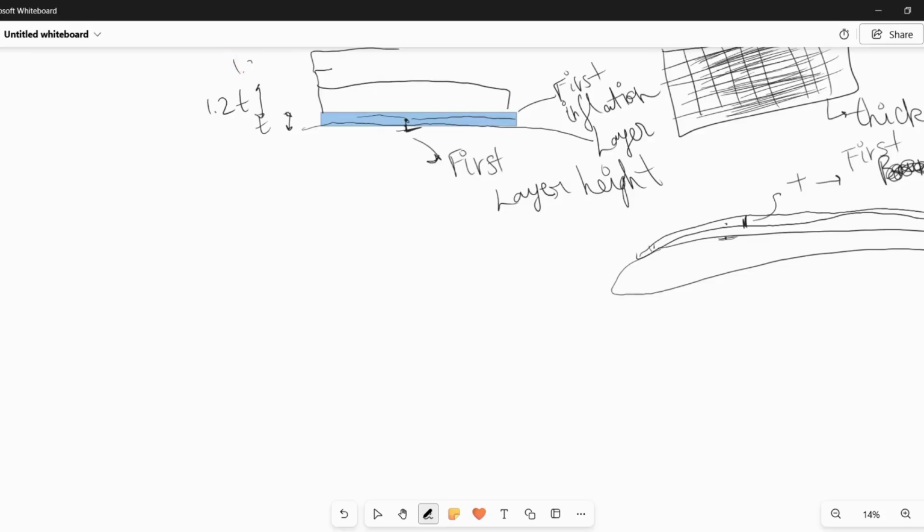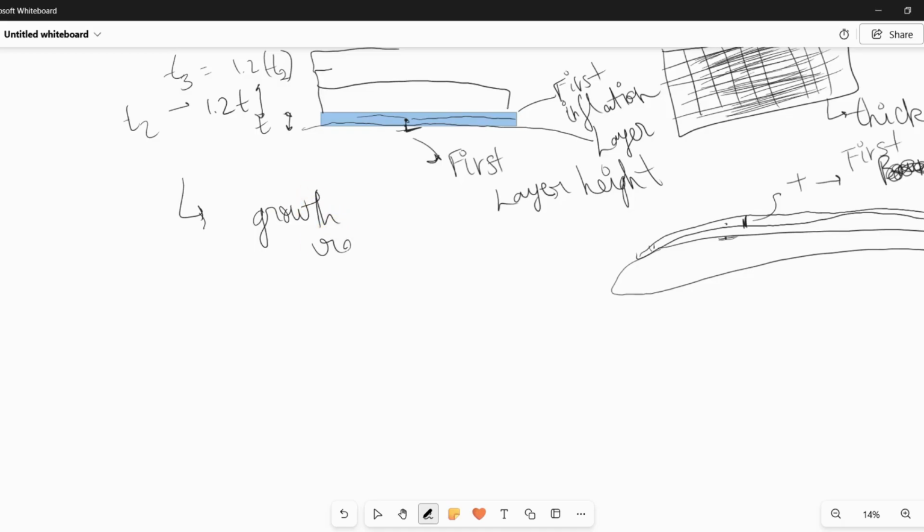I'll call this T2, so T2 is 1.2 times T. T3, the thickness of the third one, is 1.2 times the thickness of the second. So that's how it keeps growing, right? Here you can see that the rate at which the thickness is growing is your growth rate.